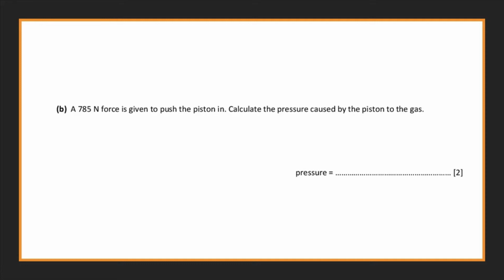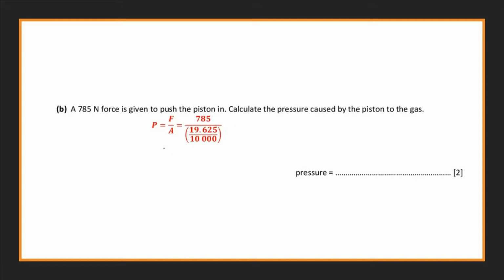We will use the equation pressure equals to force over area. The force is 785 Newton. From the problem here, area is the one that we calculated before, 19.625 centimeter squared.